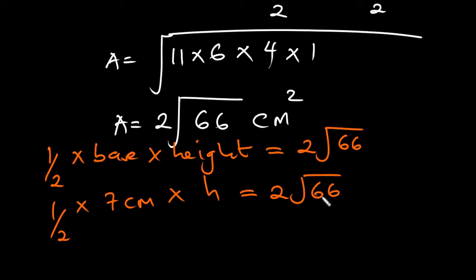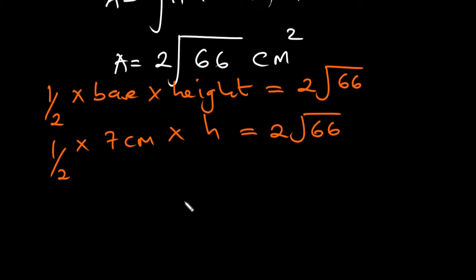Now to remain with h on this side, we need to multiply both sides by 2 over 1 and then by 1 over 7, so that this 7 cancels out and this 2 cancels out.